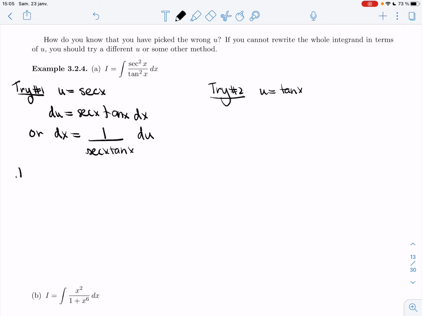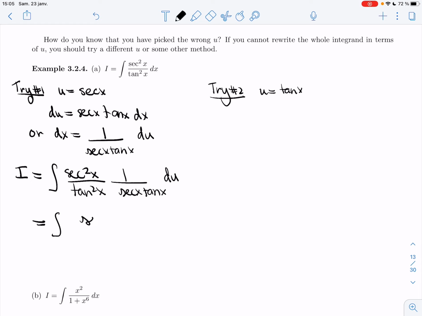So my integral, if I try to apply that substitution, would give secant squared of x over tan squared of x, 1 over secant x tan x du. One of the secants cancel, so I get secant of x, and then I have tan cubed of x du.